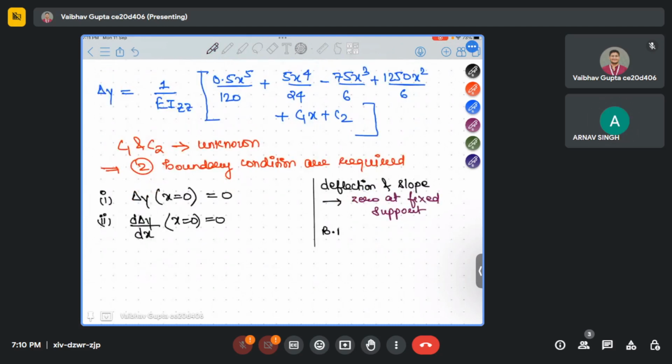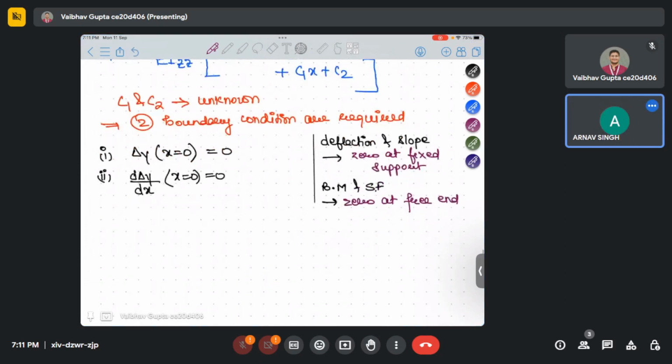Bending moment and shear force, SF, I will write short form, are 0 at free end. Bending moment and shear force, both.